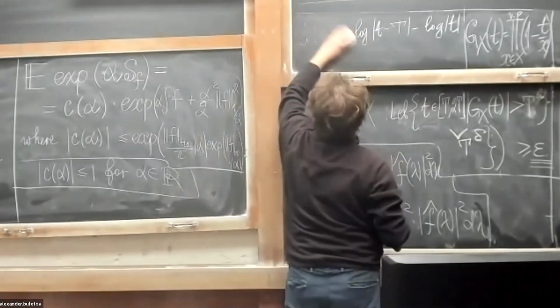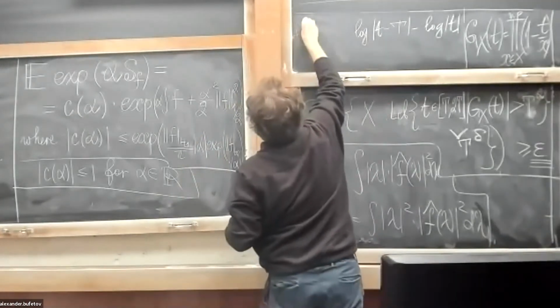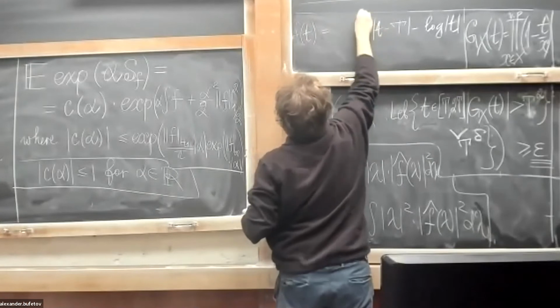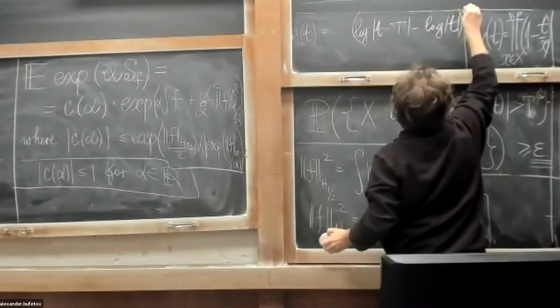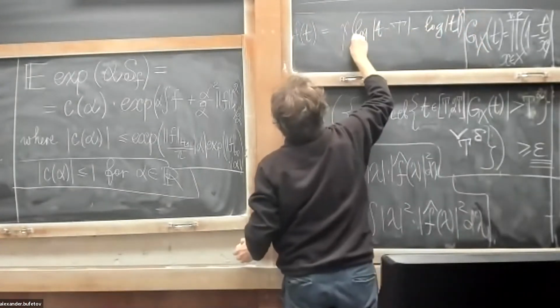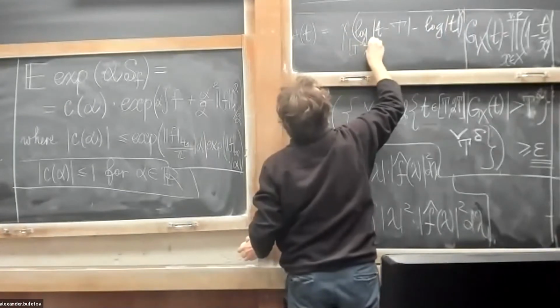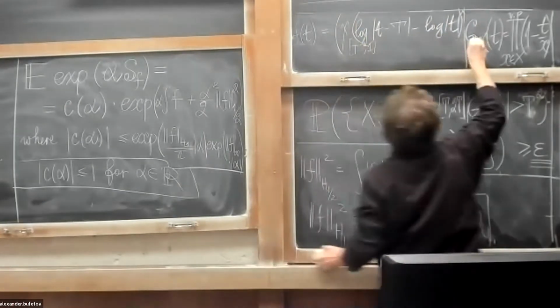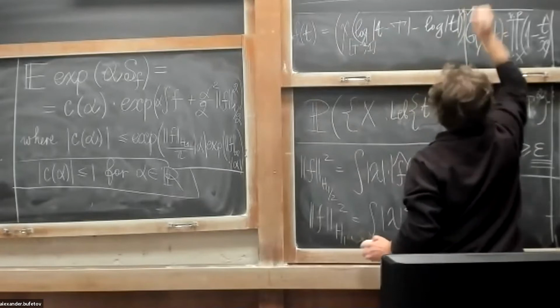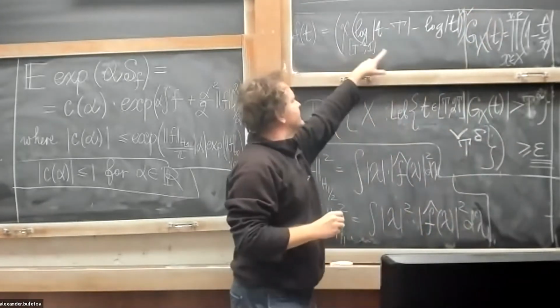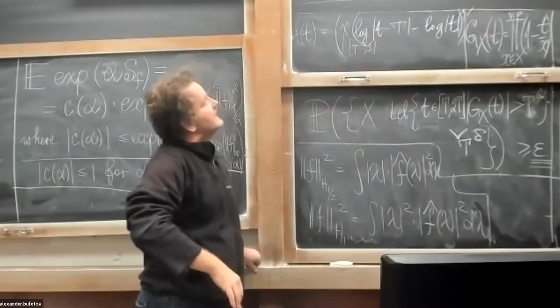I take the Fourier transform, then I cut frequencies from T inverse to 1, and then I take the inverse Fourier transform. I am not interested in anything else.